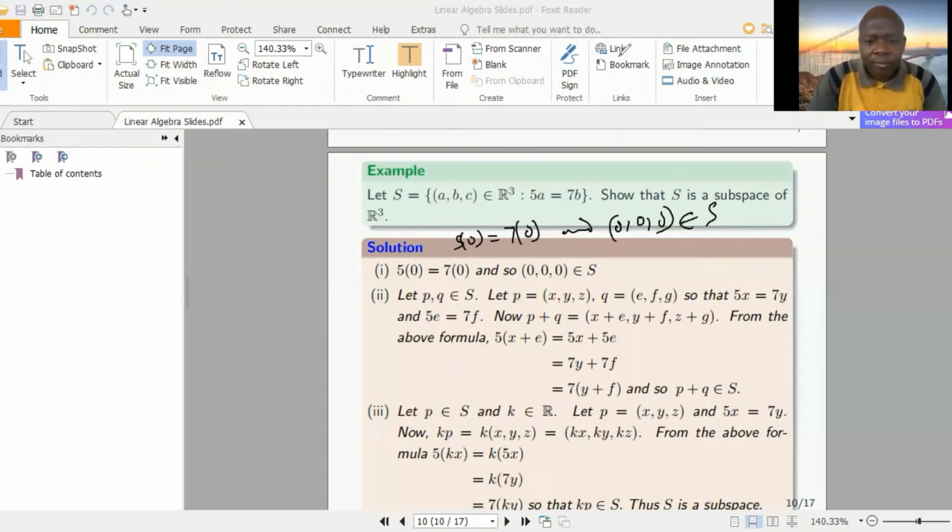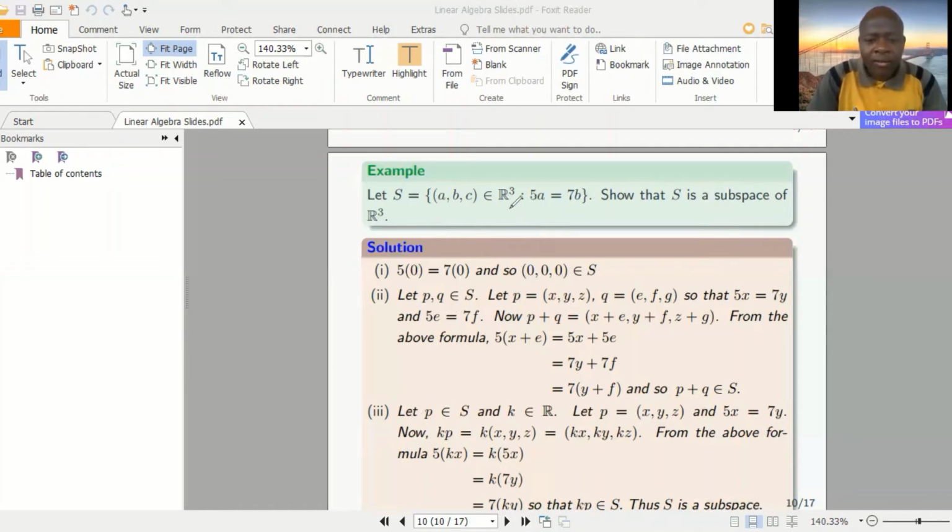Now, I want to show the closure property, and this is very, very interesting. And also the other property here will also be very interesting, how I manipulate it.